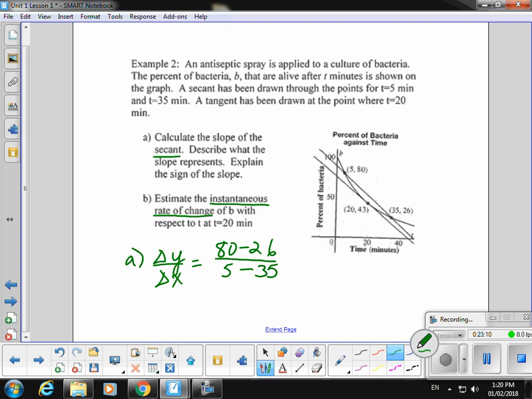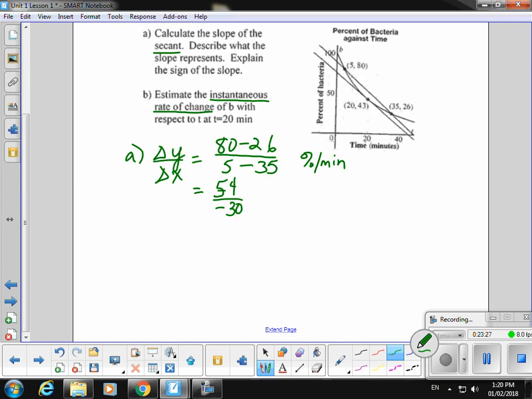So we are doing percent per minute, which is 54 over negative 30, which is negative 1.8% per minute. That's our secant slope. The instantaneous rate of change, we know we want it at t equals 20.